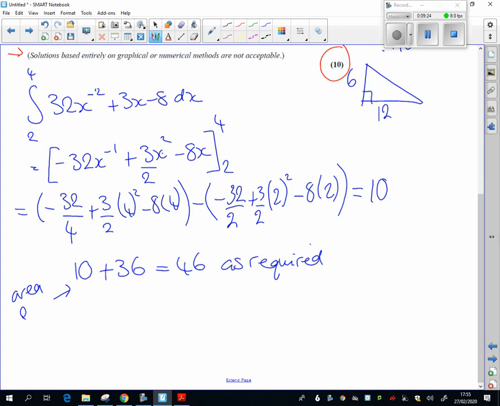So that wasn't the area of the triangle, that was the area under curve. So at the end, you can always just look back through your working and just check it definitely is going to be okay for somebody to follow. And that's the area of triangle, and that's total area.